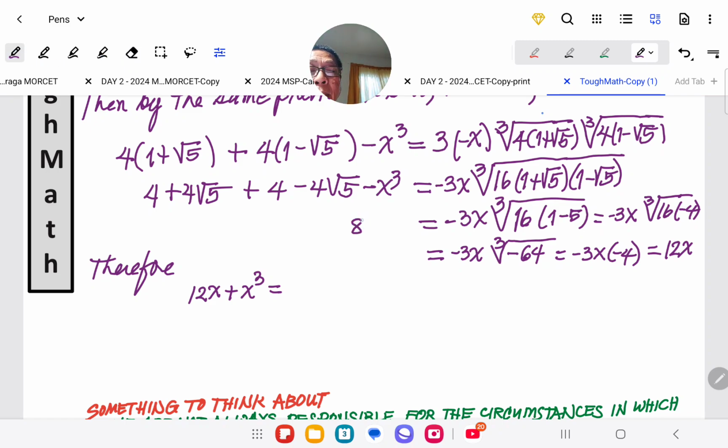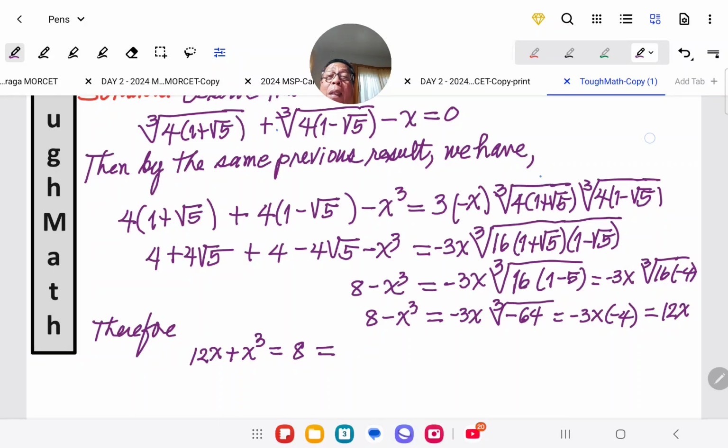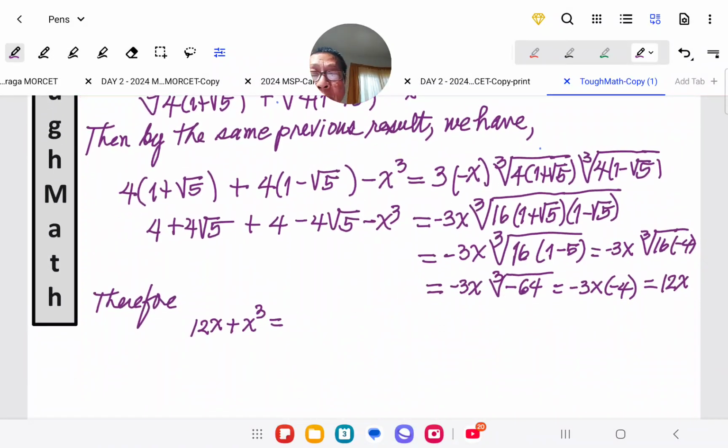So this is 8, minus x^3, so this is 8 minus x^3. Therefore this is equal to 8. And if you look at our p(x), it's actually the same expression. So our p(x) is equal to 8.